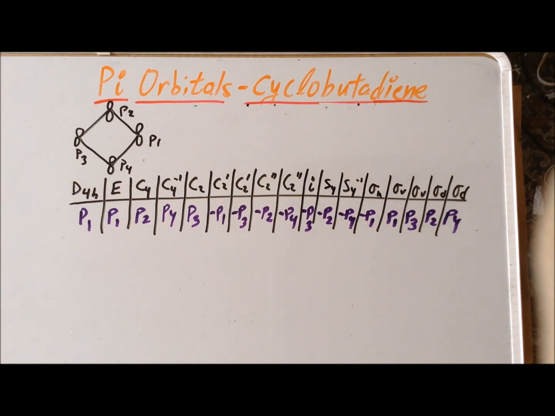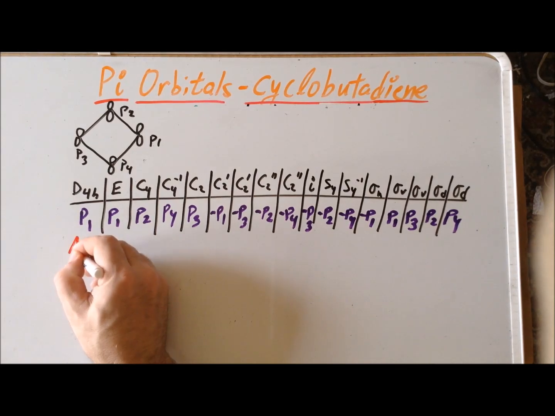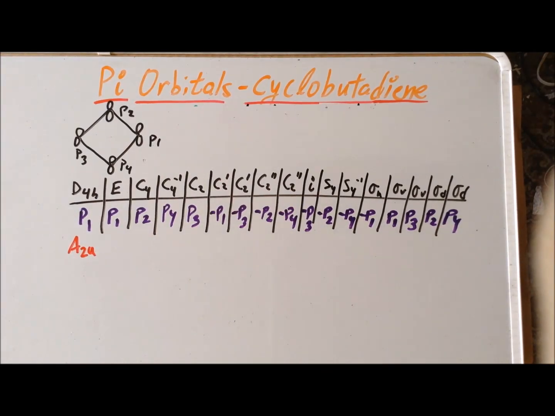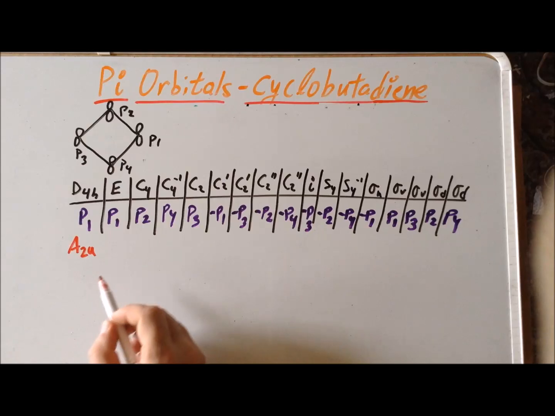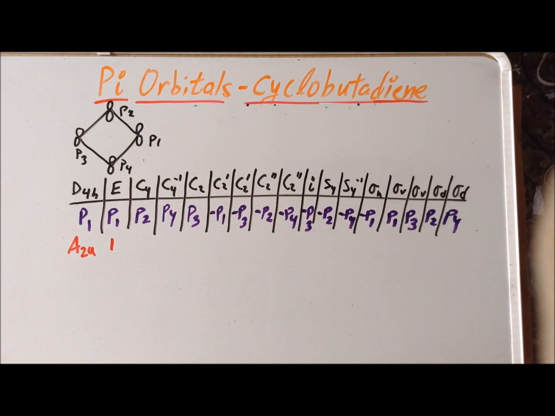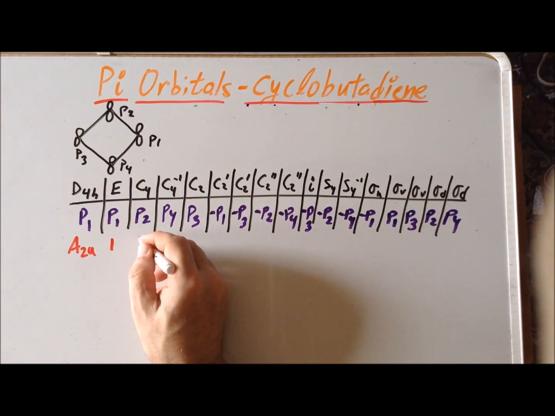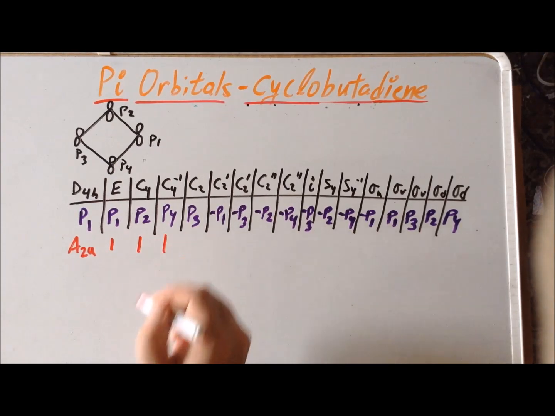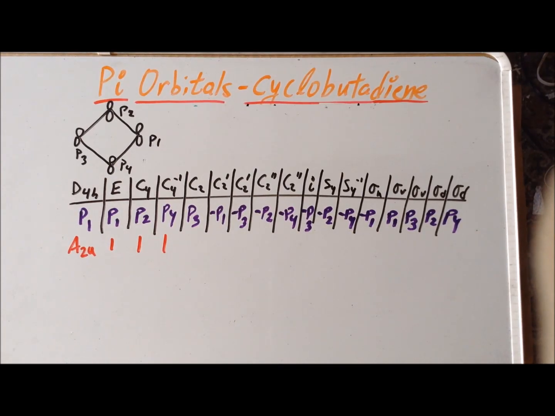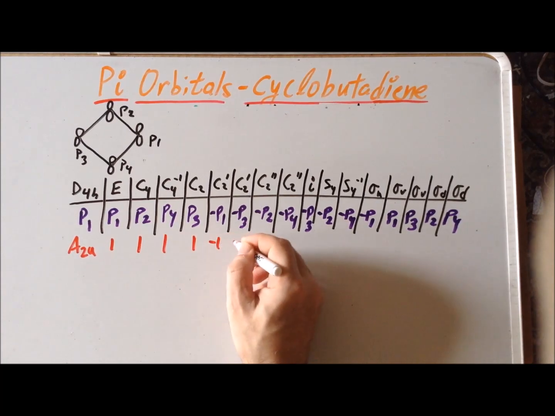For the next row in our table, we will write down the characters from the irreducible representations that are included in the reducible representation gamma pi. So for example, for A2U, the character for E is +1. The character for the C4s is also +1. For C2, the character is +1. Now for C2 prime, the characters are -1s.